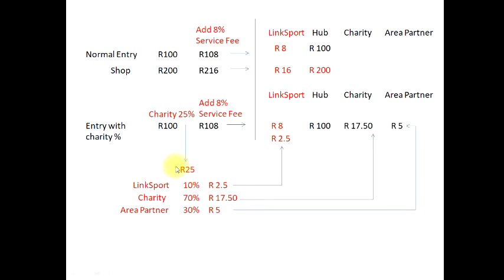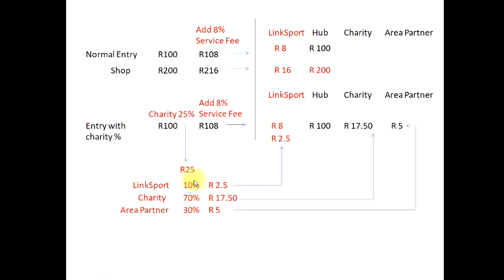That 25 Rand now gets distributed between three parties. That's Linksport, the charity, and the area partner. So if the area partner is connected to an athlete and that athlete spends, he will receive that percentage of the athlete, and he gets connected by the card link system, which I will explain to you now.